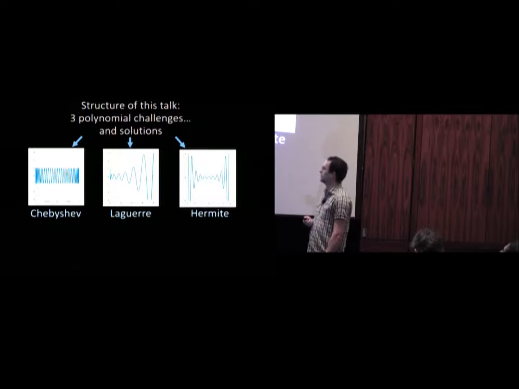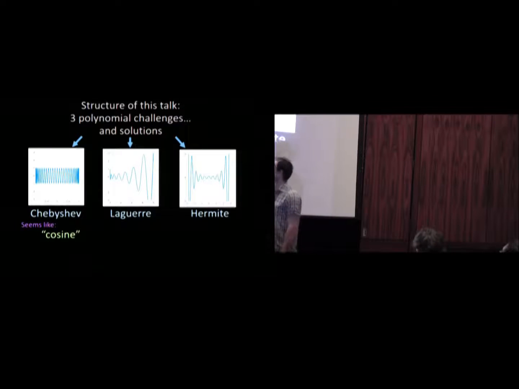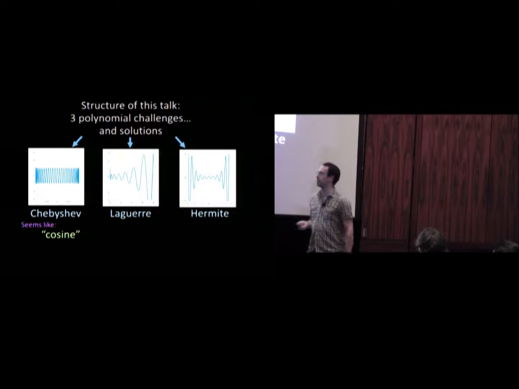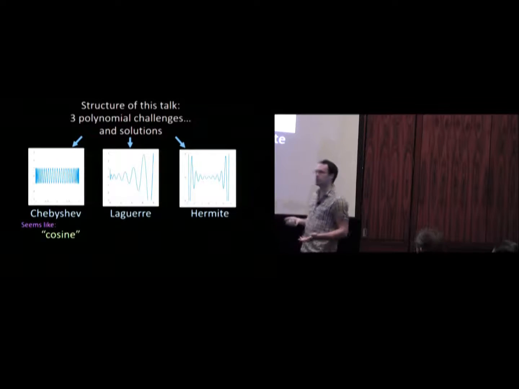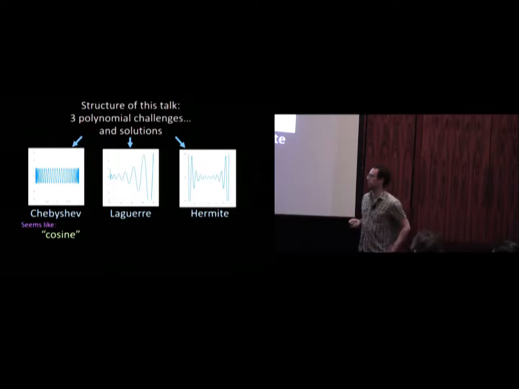So just looking at these, they look different. Chebyshev sort of looks like a cosine function. It's oscillating a lot, and it's bounded between -1 and 1. Beyond this range, it blows up, other things happen. I mean, it doesn't exactly look like cosine. It starts oscillating more rapidly towards the ends, but it sort of seems like a cosine function.